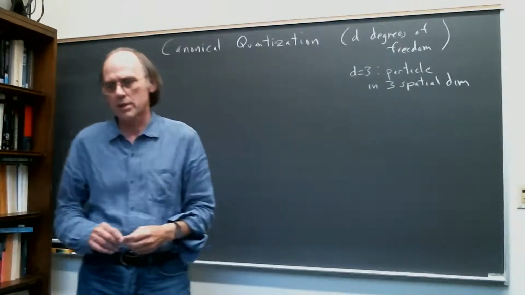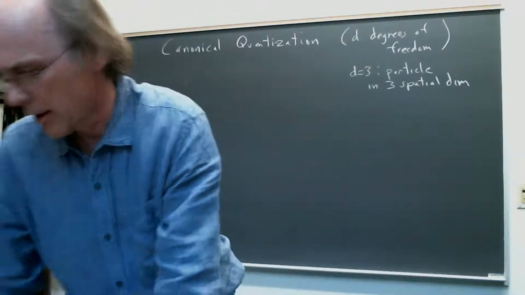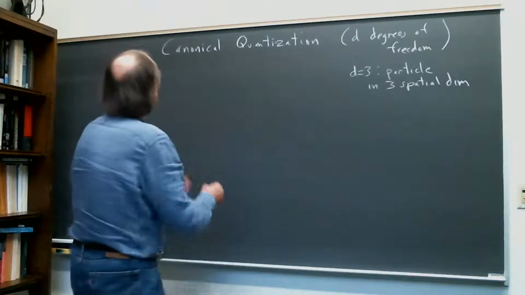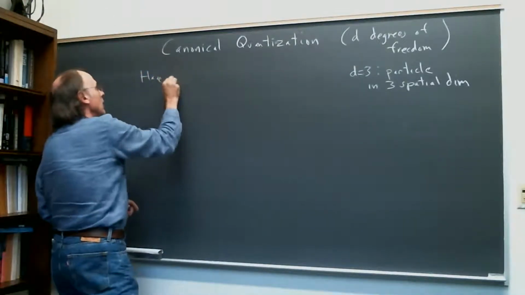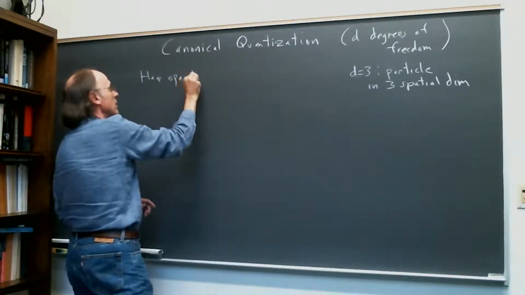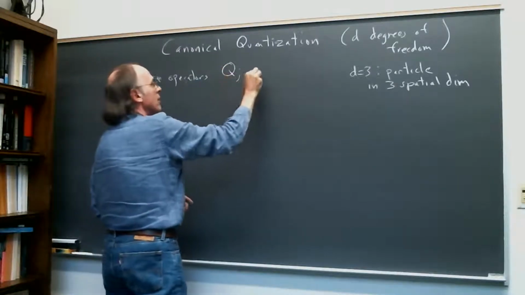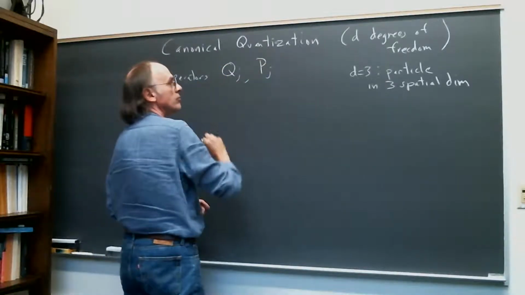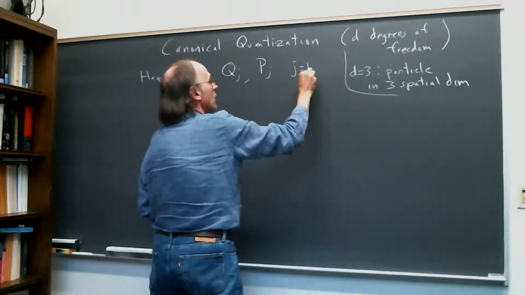Okay, but what this is all about is that you have operators. What canonical quantization means is that you've got operators q_j, p_j, where j is equal to 1 up to d.